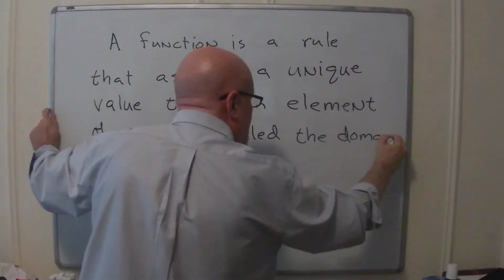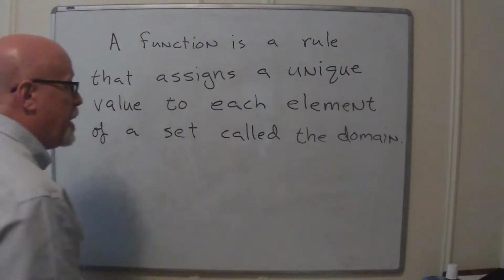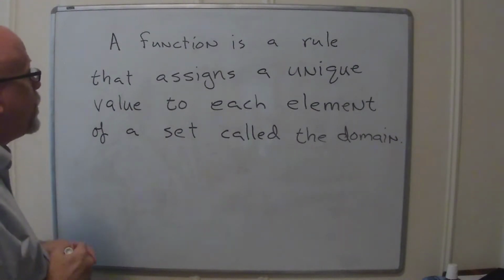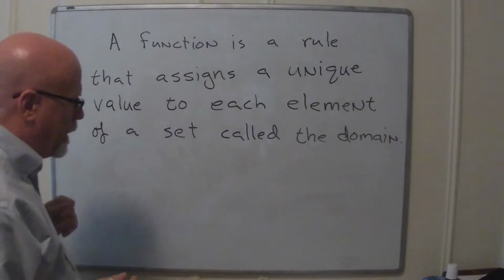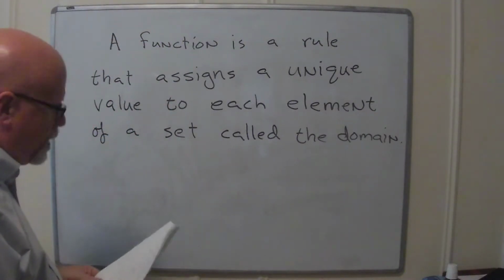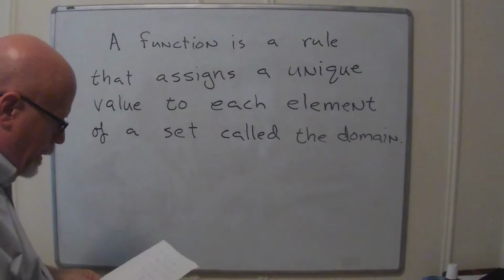Different functions have different domains, but every function's domain is the place where its inputs can be drawn from. That's not identical to what's given in the book, but it's quite similar. It's got the same spirit.